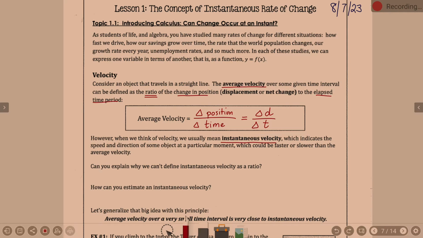You can't have an average time. So the key is right there: at that instant, there's no change in time. If we're talking at one instant, there is no change in time, and change in time is your denominator. That would be dividing by 0, and we can't divide by 0. So I have written down in my notes: the time interval causes division by 0.